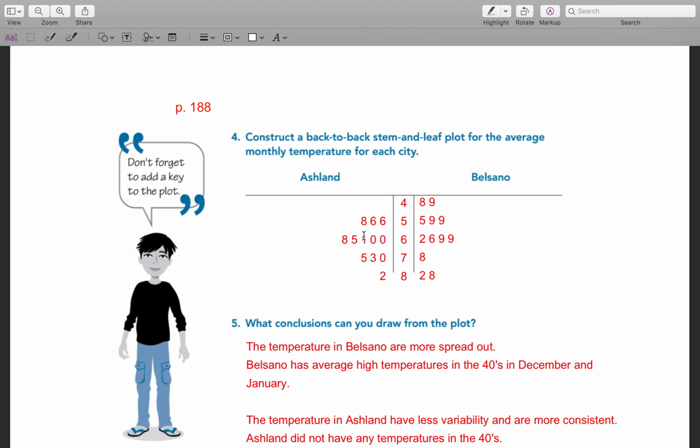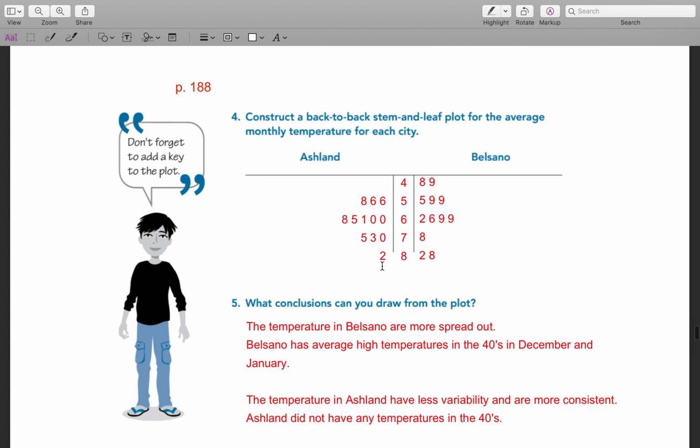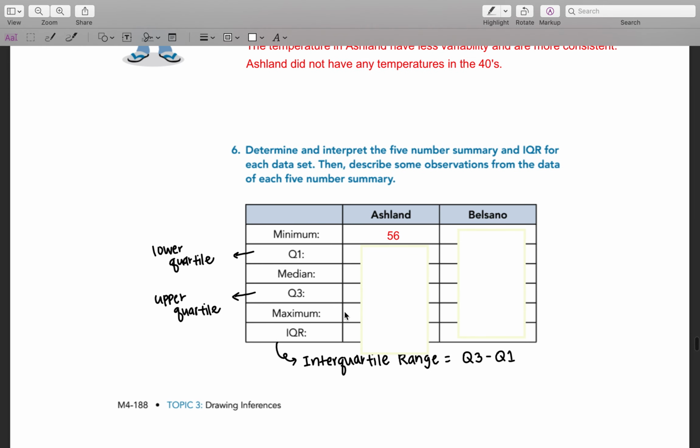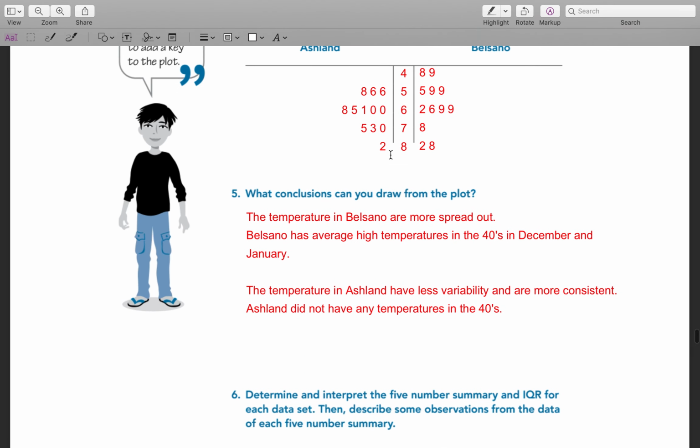We had 12 data values, and from the back we have 1, 2, 3, 4, 5, 6. So in the middle right here, this is 61 and 65. So the middle number would be 63. The median would be 63, and we know that the maximum is 82.